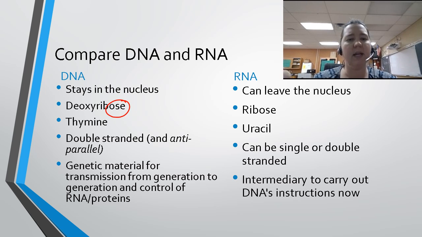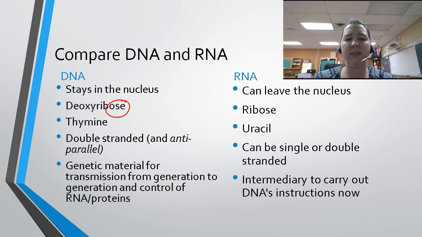Double-stranded and anti-parallel, which we're going to talk a little bit more about in the next lecture when we talk about how it is replicated. Sorry, I had to think of that word for a second. Okay, and then this is the actual genetic material that is transferred from generation to generation. This is what we give to our offspring. This is what you were given when you were born.